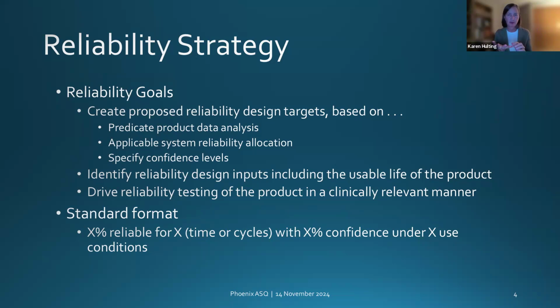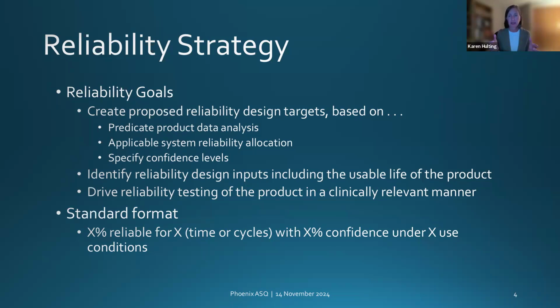But I think it's good if they're based on predicate product data analysis, right? If you've got a new catheter and you had an old catheter and you know how well that worked for the customer, how well it met the customer and reliability requirements, that kind of analysis comes into what expectations you can have, how you might improve.